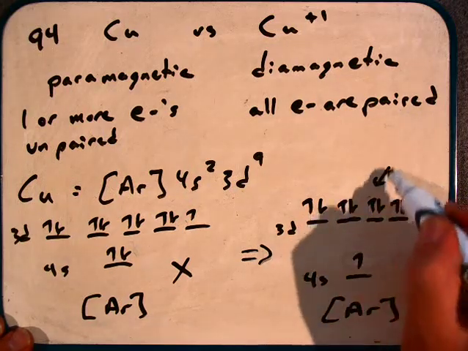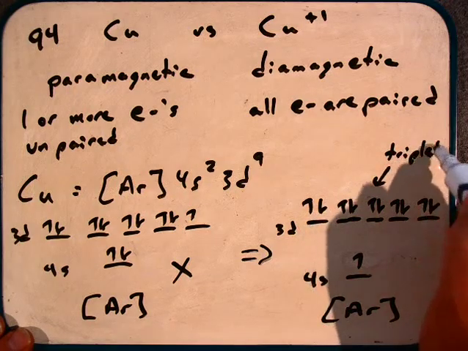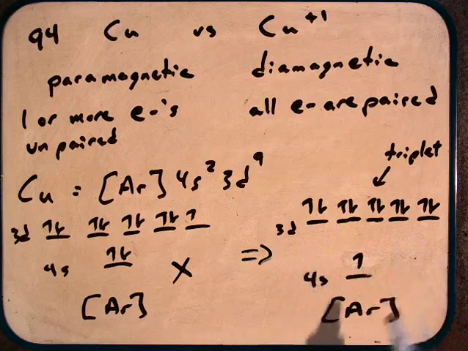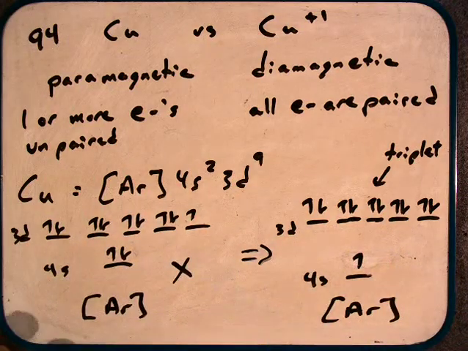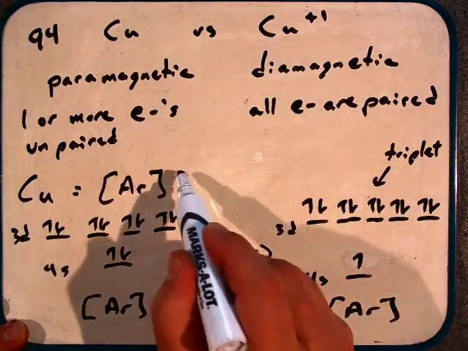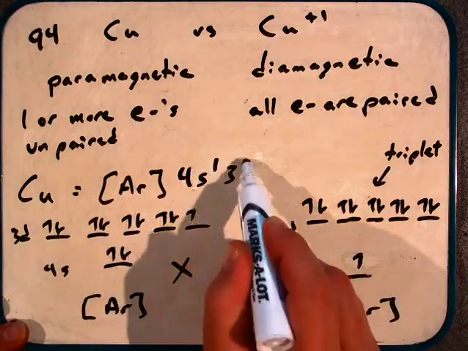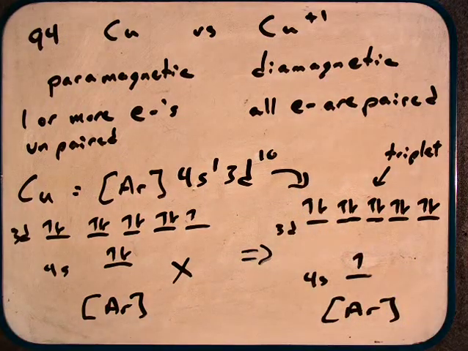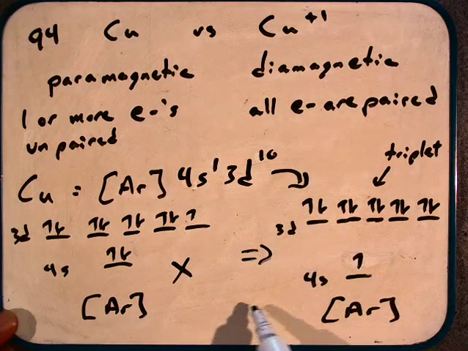And now we have a triplet state. That is why copper actually prefers to not be 4s2 3d9. It actually prefers to be 4s1 3d10 as a result.